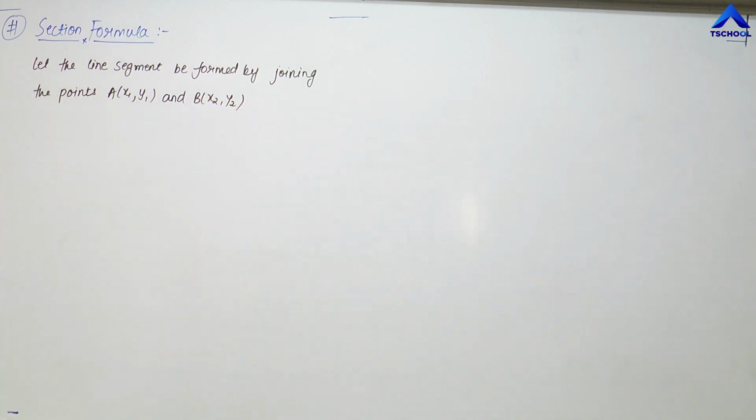Let the line segment that we were talking about be formed by joining these 2 points, that is A (x1, y1) and B (x2, y2), right?